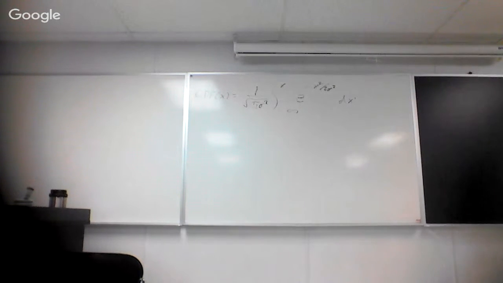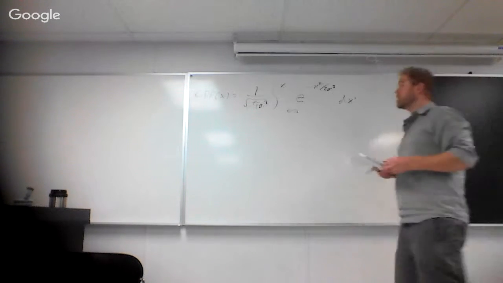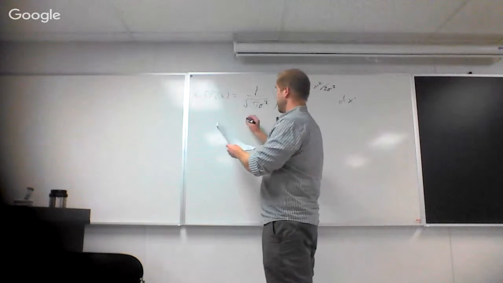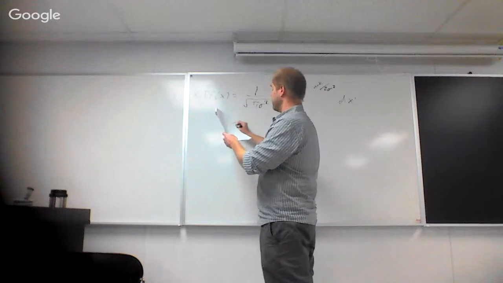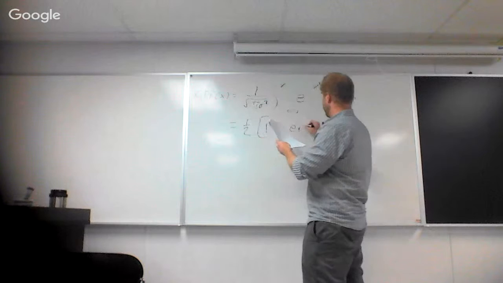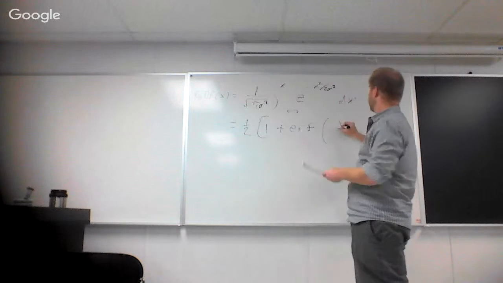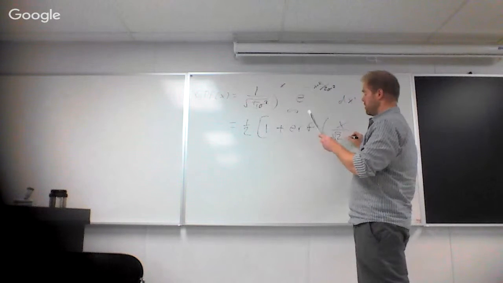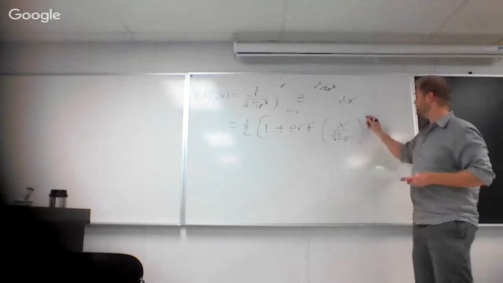This is not a particularly nice looking integral, and in fact, there's no easy closed form solution to this integral. However, it's a very common integral. This is defined to be the error function, x over the square root of 2 times.